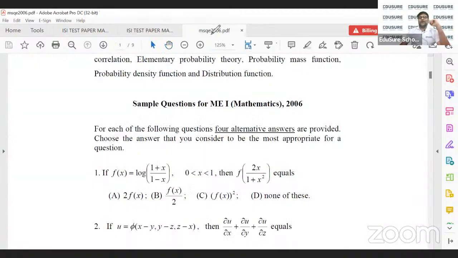Question number 1, ISI 2006, question number 1. Please put your answer in the poll once more. Do it. Please do it.